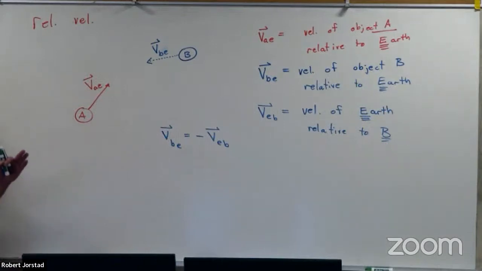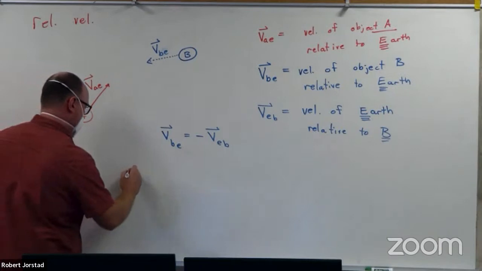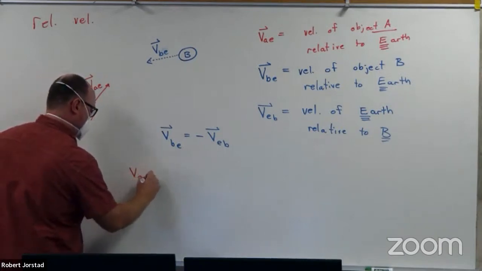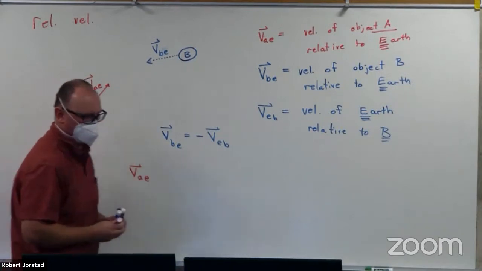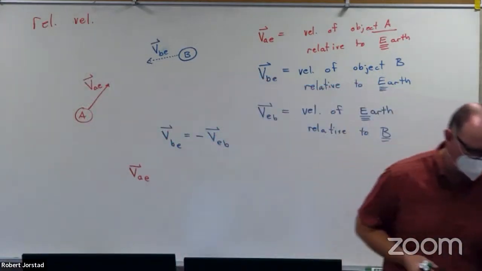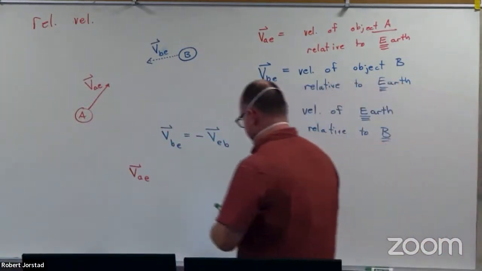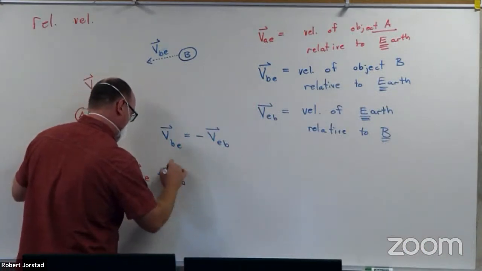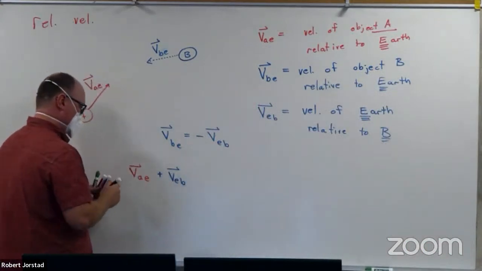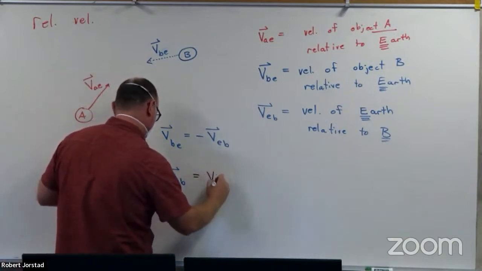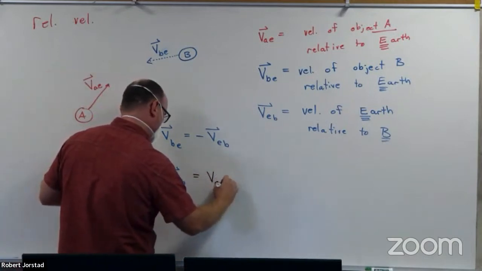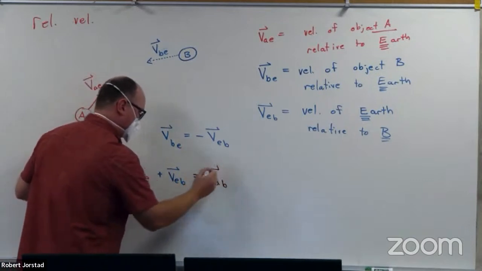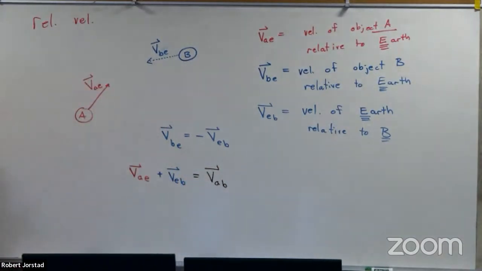And here is the vector addition equation that we see. Watch this. B, A, E. And there's many different ways to write it. Let me use the same one that I used here. Plus this. There are many different correct ways to describe relative velocity.